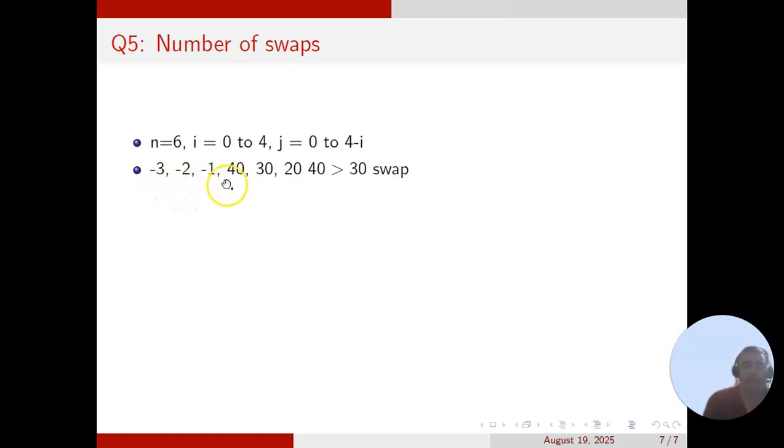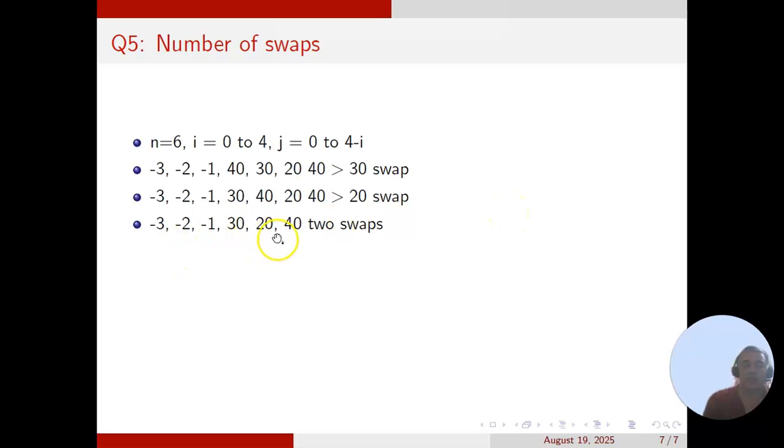Then 40 and 30 are compared, and there is a swap as they are not in ascending order. Similarly 40 and 20 will be swapped. After the first pass, 40 is placed in the correct position. There will be 2 swaps.